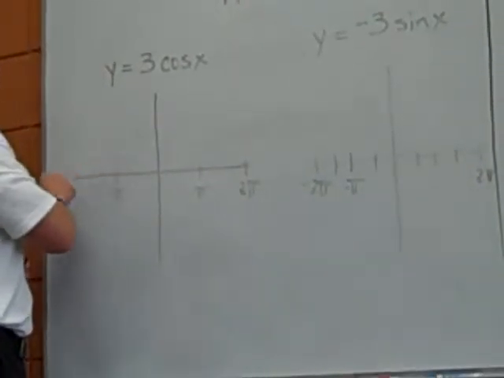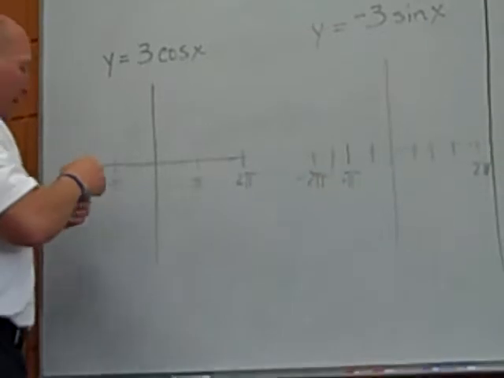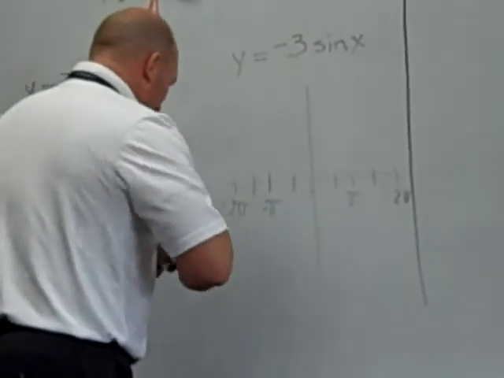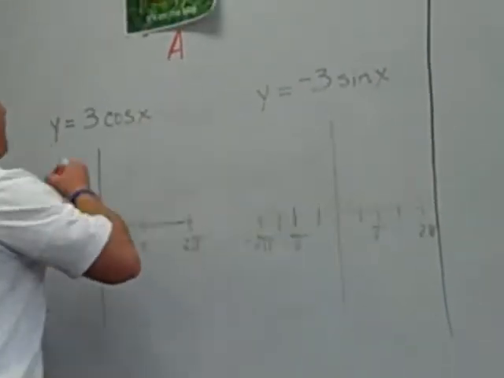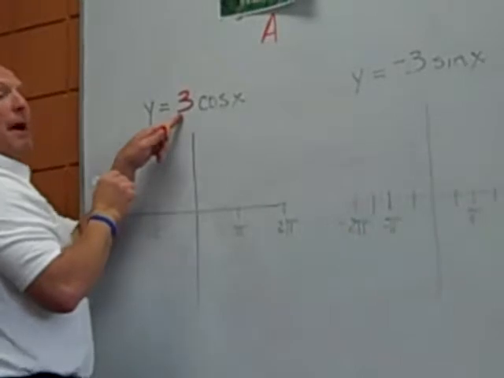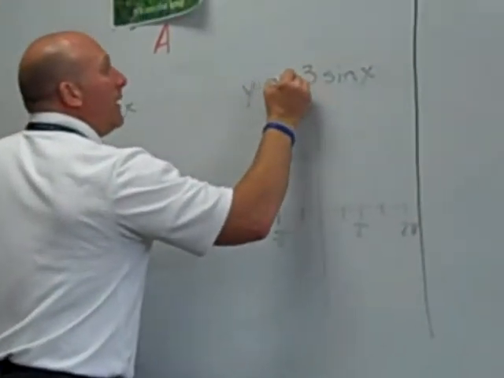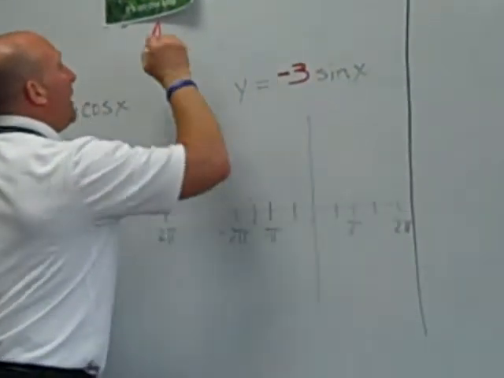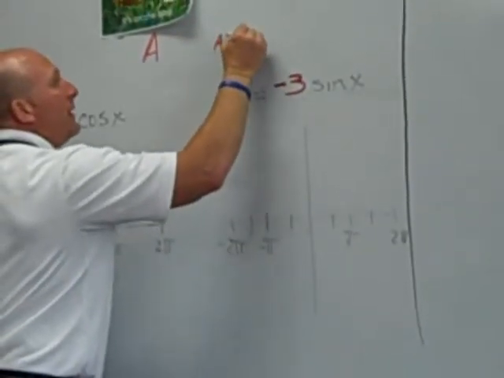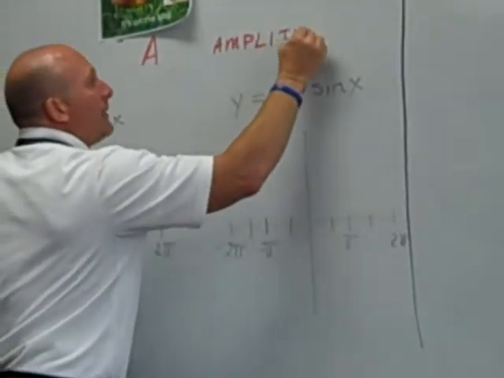And if you looked ahead at all, you'll notice that all the graphs look the same. Okay? Now, this is your A value. In this case, the A value is positive. A value is negative. A stands for what? Amplitude. I don't know why it's called an amplitude.